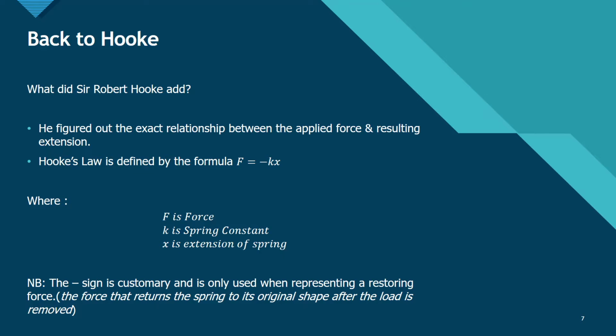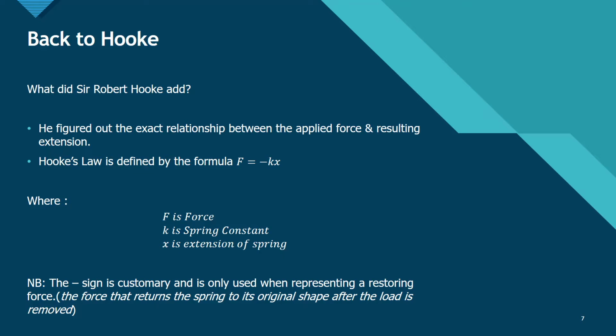And he described it by the formula F = -kx, where F is the force, k is the spring constant, and x is the extension of the spring. A key thing to keep in mind is that the negative sign in this equation is just customary in describing the restoring force.